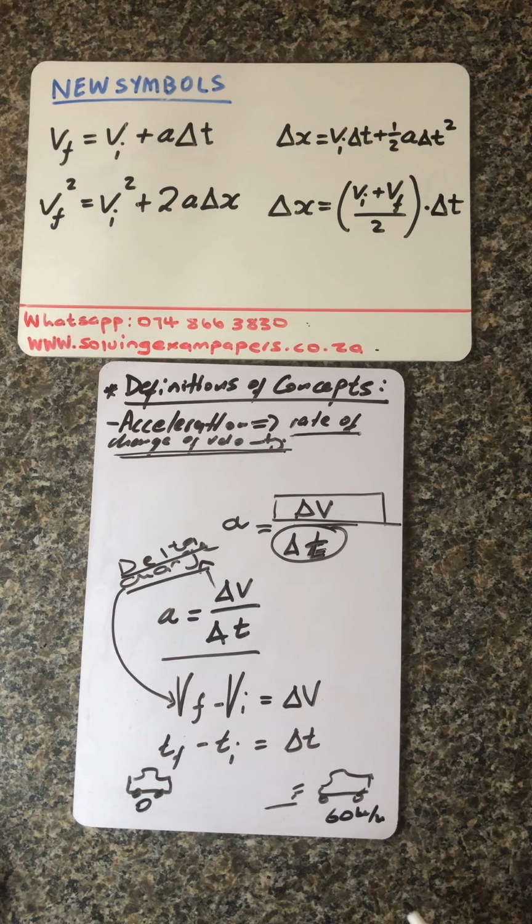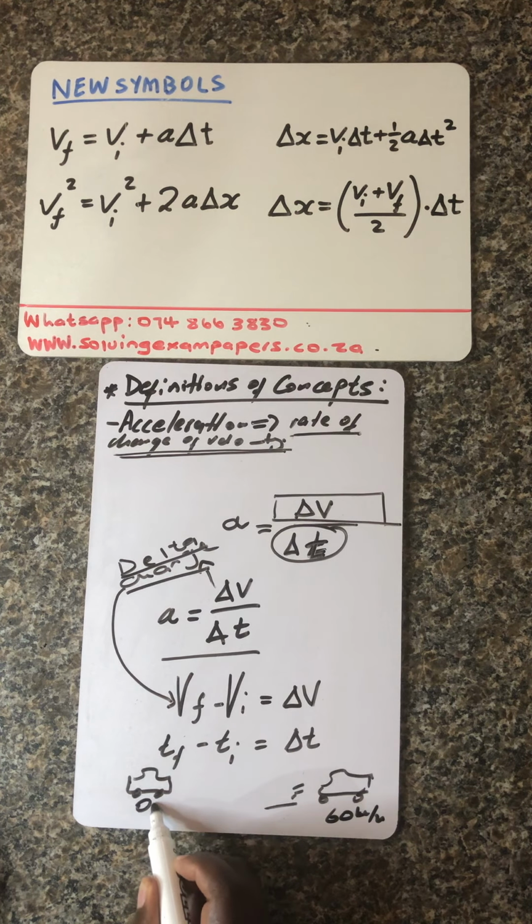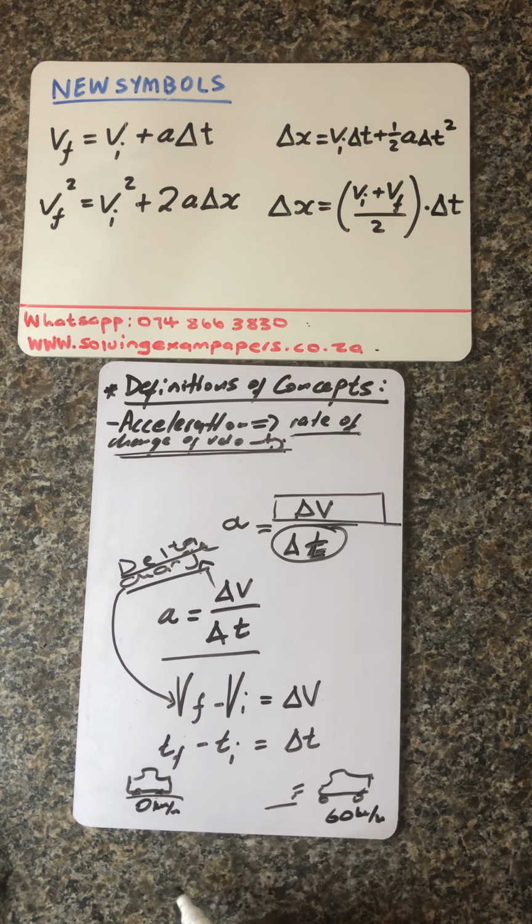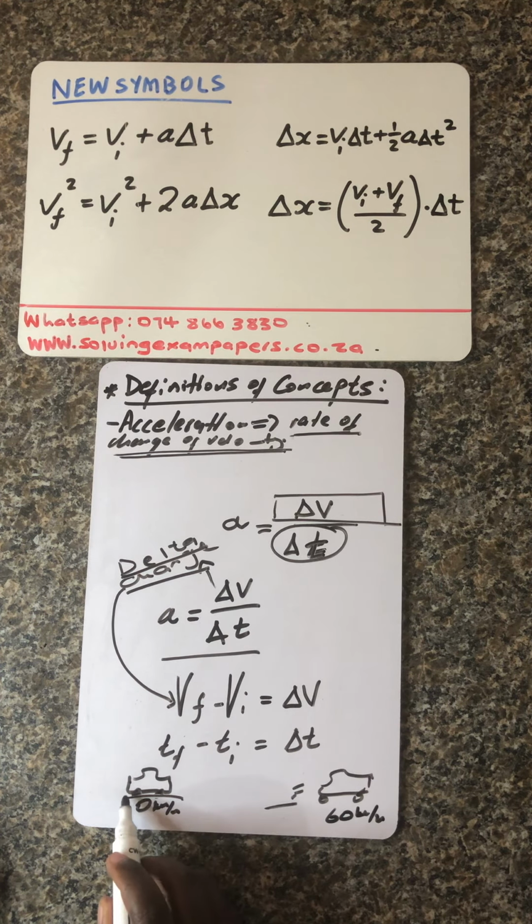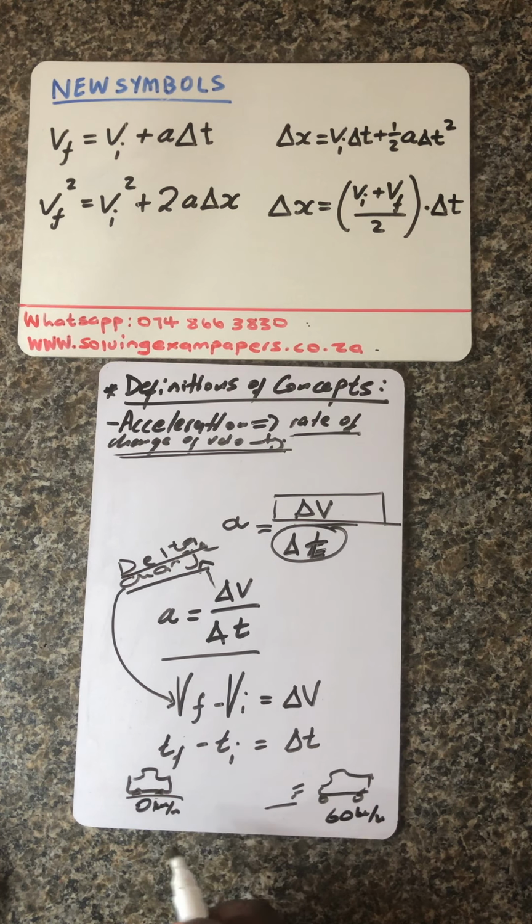Okay, so when we talk about change in velocity, ladies and gentlemen, this is your initial velocity where your car was stationary. Obviously when it's at rest, or stationary, its velocity is 0 meters per second, 0 kilometers per hour, and you drive until you reach your top speed, which is 60 kilometers per hour.